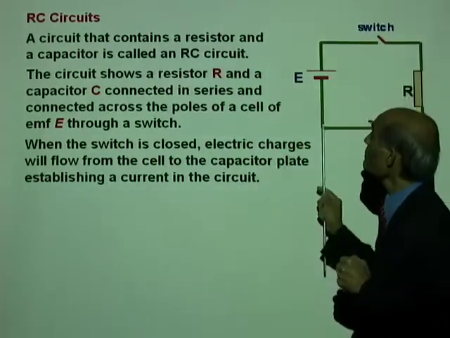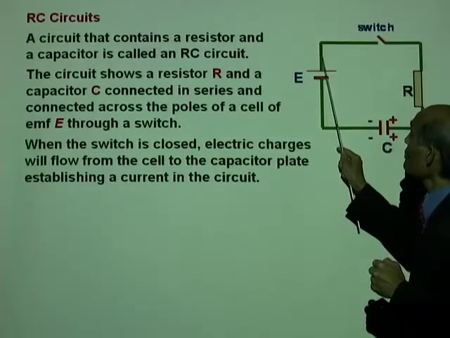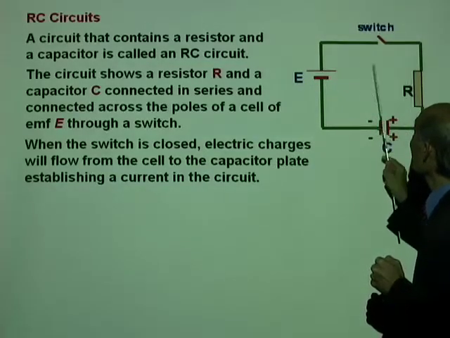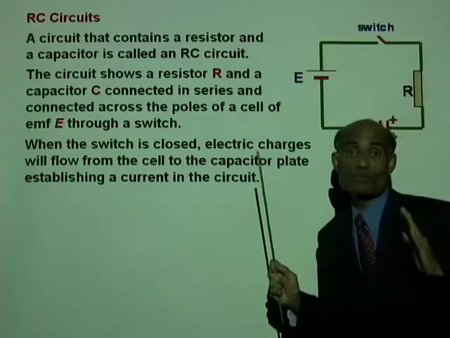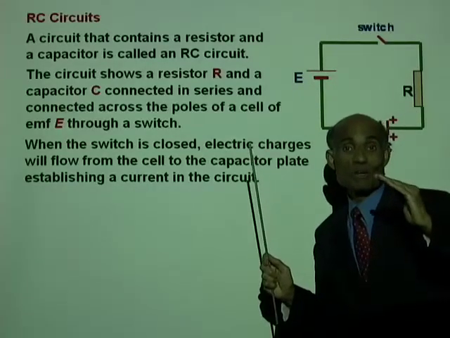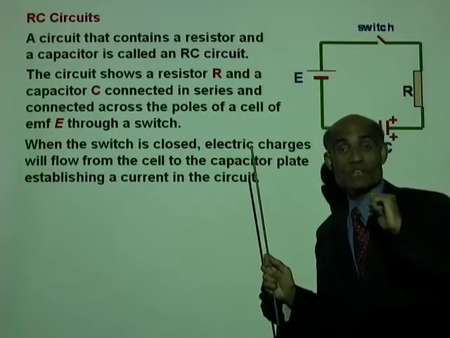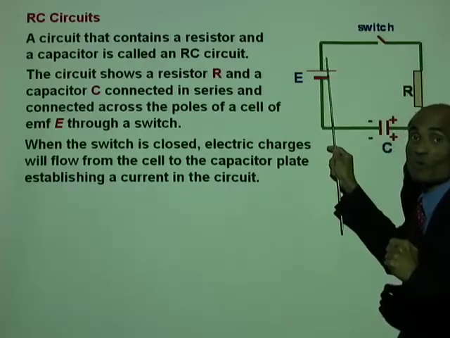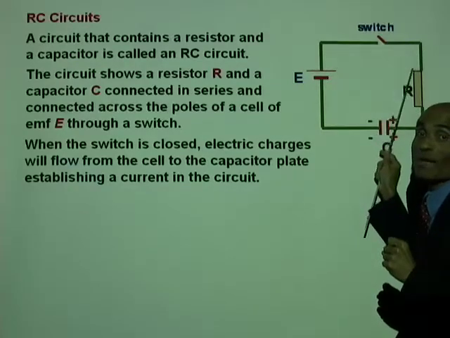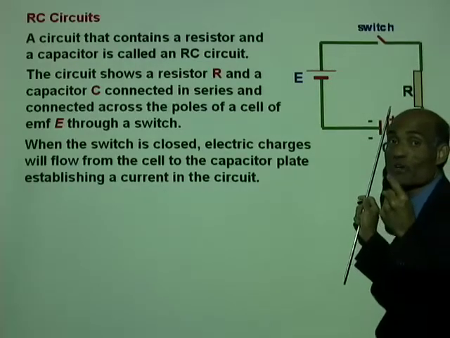Well, what happens is, as electric charges continue to flow from the cell to the capacitor plate, the current will start decreasing. You know why? Because initially the rate of flow of charges will be quite high. The current will be very high.